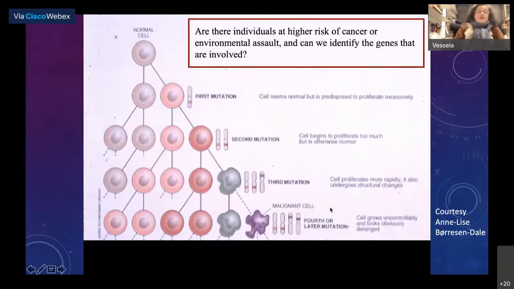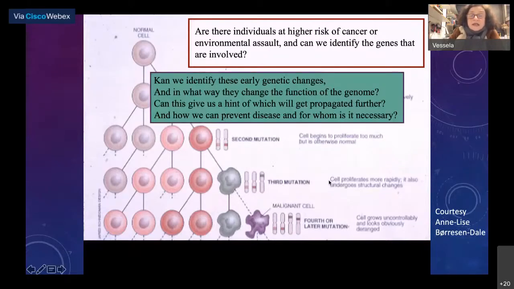So there are several questions if we follow this process. Are there individuals that are at higher risk of cancer or environmental assault, and can we identify the factors, the genes that are involved? Can we identify these early genetic changes and in what way they then change the function of the genome? And can this give us a hint of which of these mutations will get propagated further?